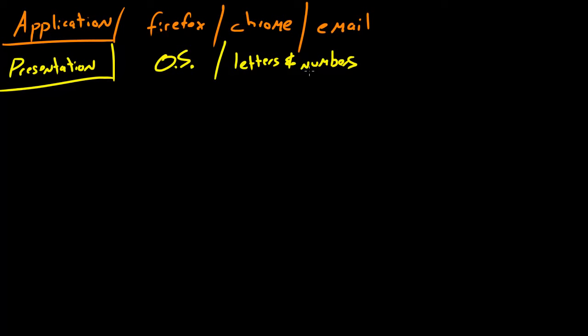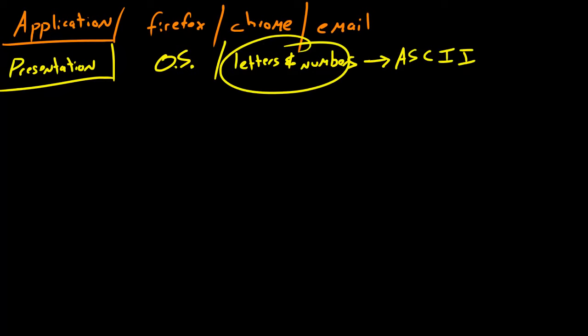But that isn't the language that your computer can understand. Your computer, actually, one of the languages it understands is something called ASCII. And we'll talk about different languages and stuff like that later on. But this is basically a very simple language that your computer can understand because it can't understand English like you can. It needs its own special thing.